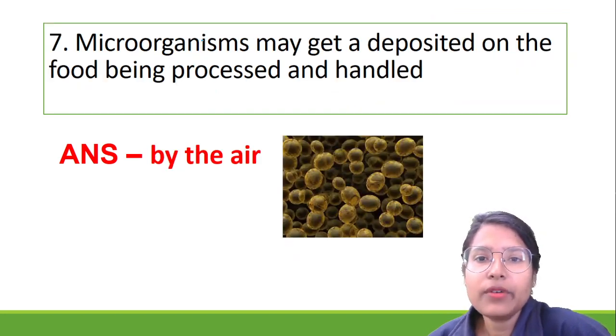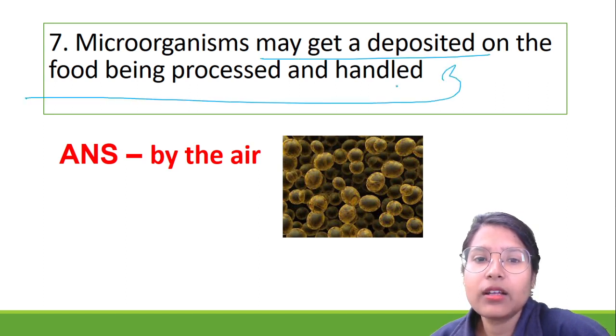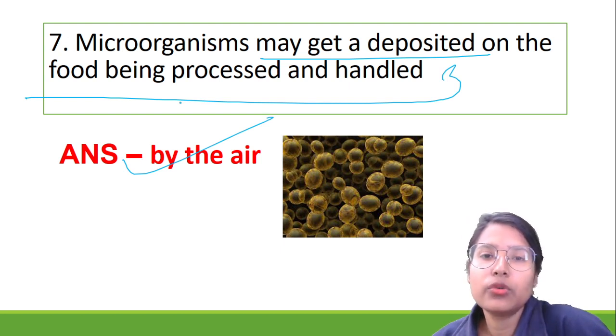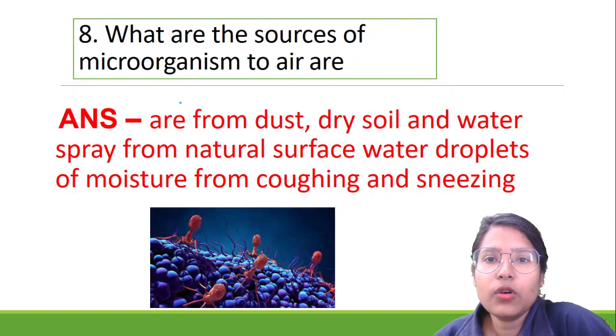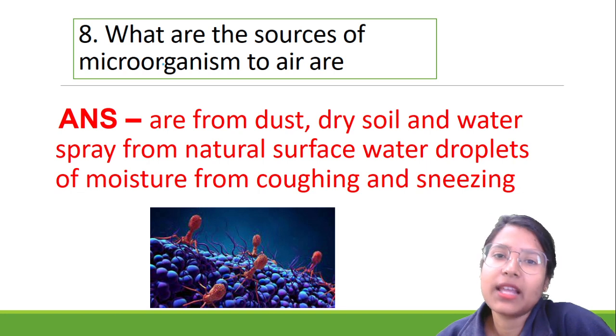Now microorganisms may get deposited on the food during processing and handling. How? By the air. Right, if we are handling or processing food, the chance that microorganisms can enter your food is by the air. Okay, now, what are the sources of microorganisms in the air? How can microorganisms enter into the air?